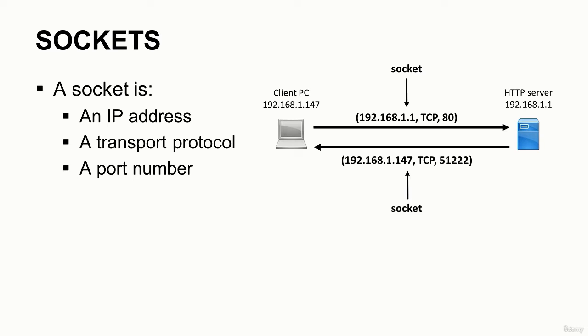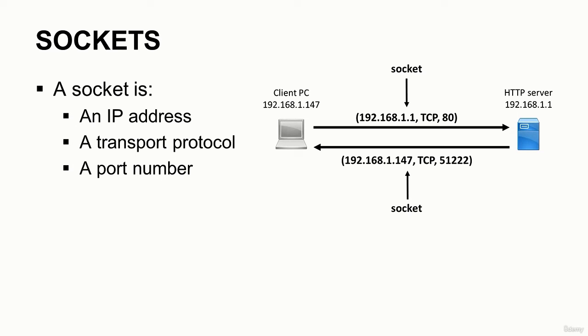In the example shown here, the client has a socket connection open to the server. That is, the IP address of the server, TCP as the transport protocol being used, and the port number that the HTTP service on the server is listening to. So those three things combine to make a socket. We've got an IP address, we have a layer 4 protocol, and we have a port number.